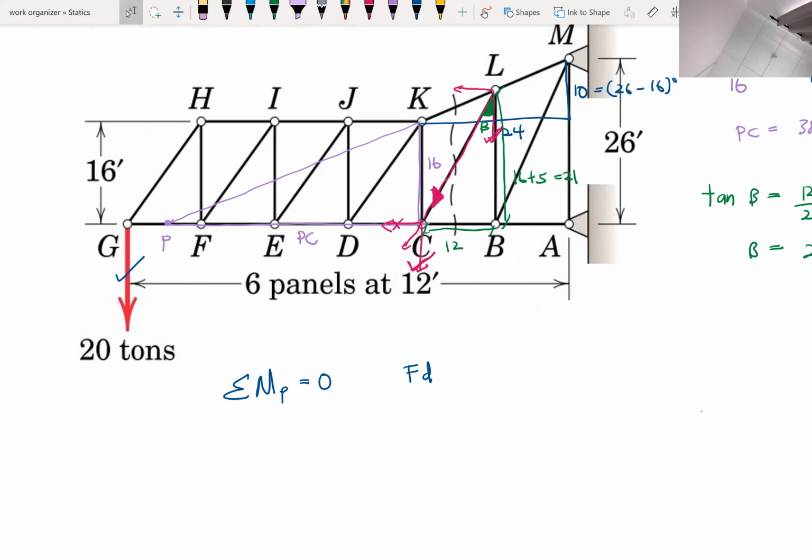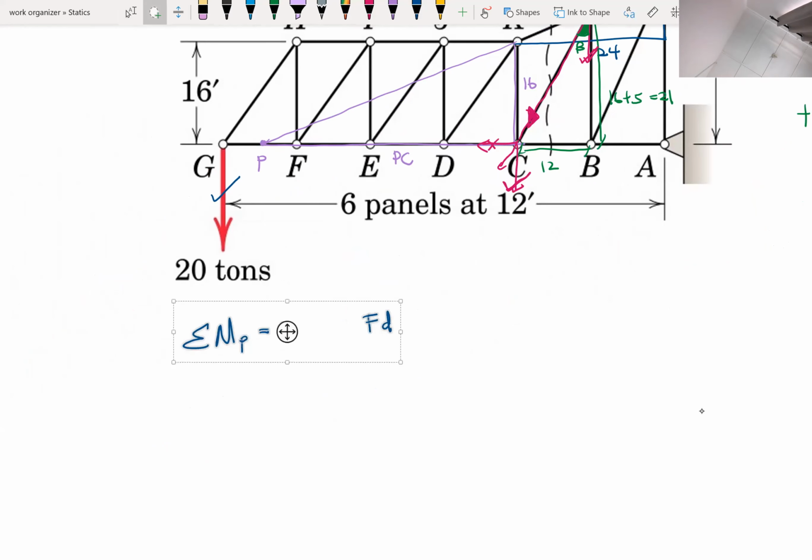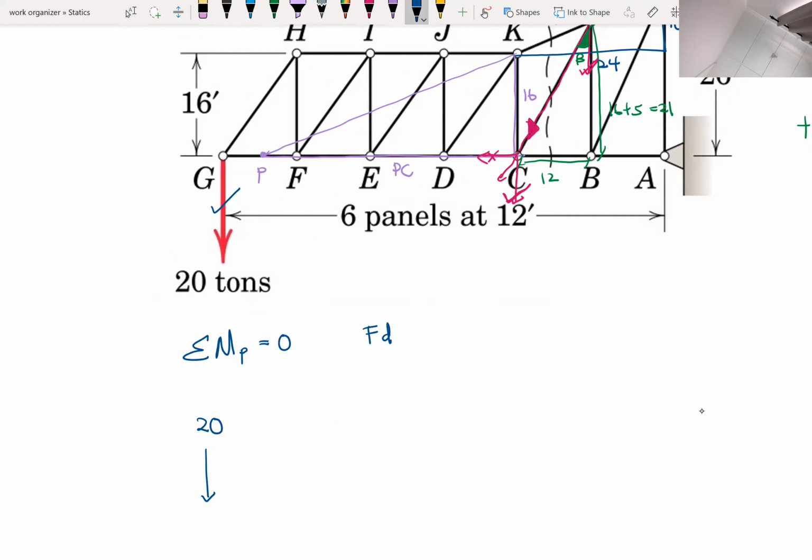Let's say we calculate the external first. So 20 ton, downward, the force direction, going for P, which is this one.